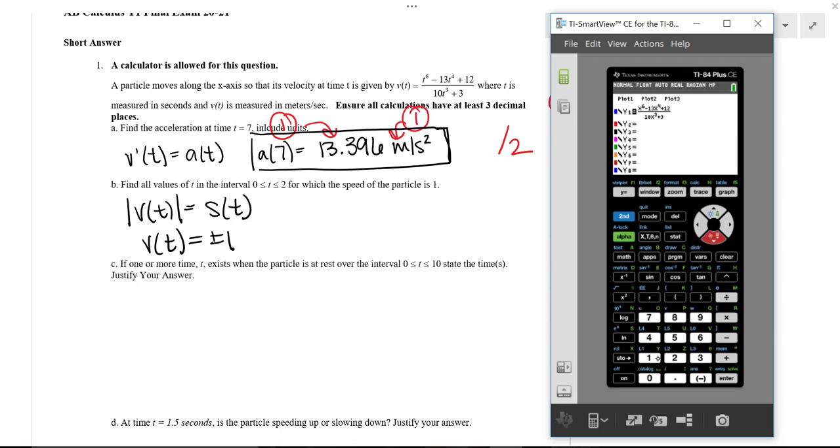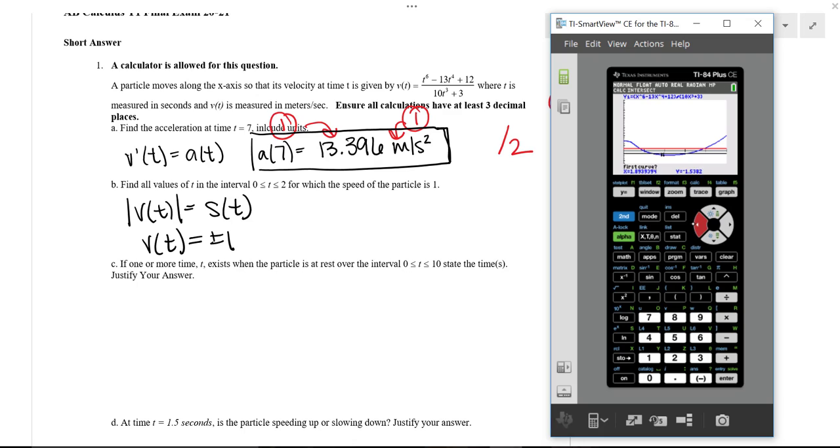I'm going to type in a 1, and then I'm going to type in a -1, and look at that graph, and indeed it is intersecting 2 times, so once at that +1, once at that -1 over that interval 0 to 2. So I'm going to grab both of those values by doing that second trace 5. Enter, enter, enter. That is not the intersection I want. Let's get this guy really close to this intersection.